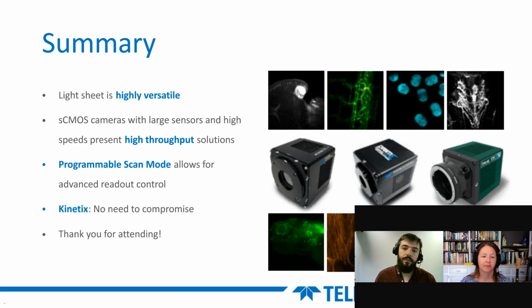So the Kinetics and the BSI Express both offer a 6.5 micron pixel, and this really specific size of pixel is designed to match best for resolution at 60x magnification. So it depends on your application. If you're going to look at things that are very high magnification, you can match it to a very large pixel size.